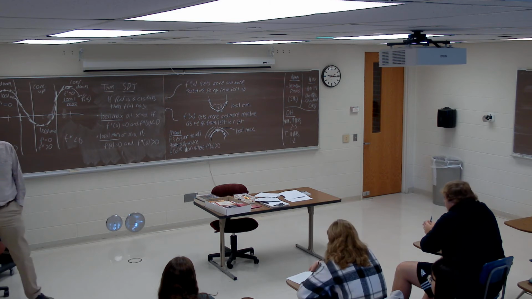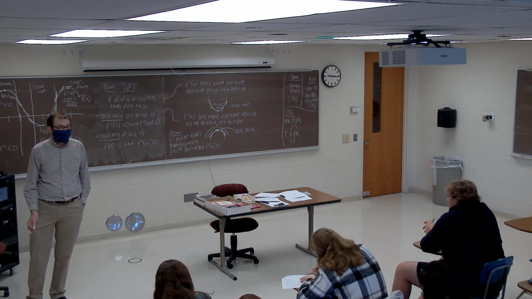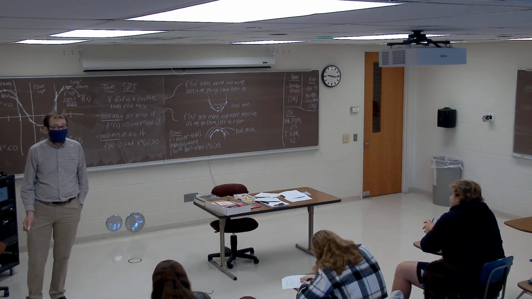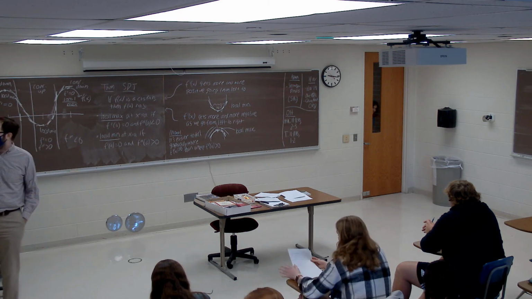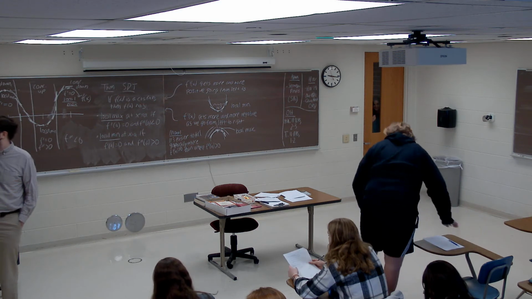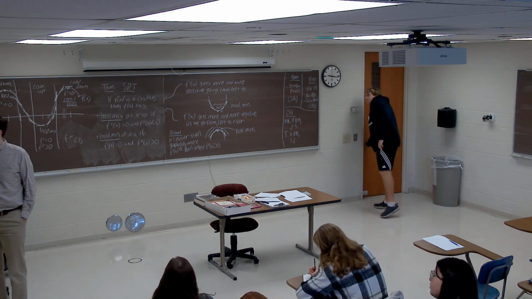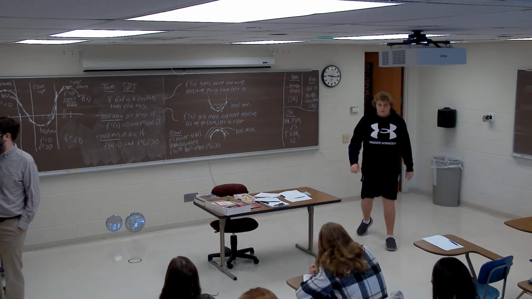If f double prime equals 0, doesn't that mean it's always going to be either a local max or min? Good question. Let's look at another example. Let's look at g of x equals x to the 4th, which if we graph out, is going to look something like this.